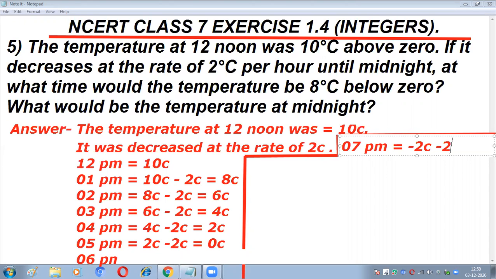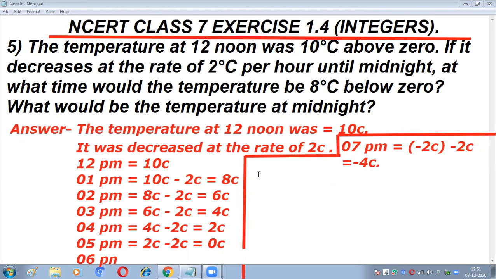We'll give minus 2 degrees Celsius in bracket and then calculate. Minus 2 degrees Celsius minus 2 degrees Celsius is minus minus plus 4, and here we will give the sign of negative: minus 4 degrees Celsius.